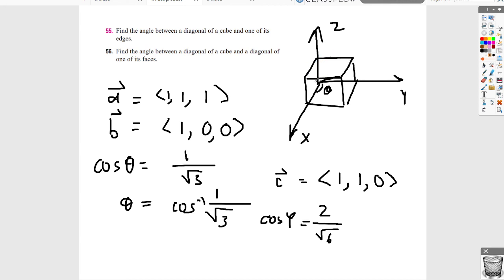If I drew like this, then this would be phi, something like that. So cosine of phi is 2 over root 6. So phi is cosine inverse of 2 over root 6. And that's it. I hope I didn't do it wrong.